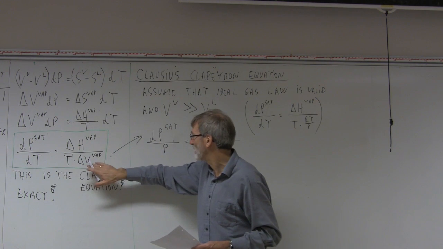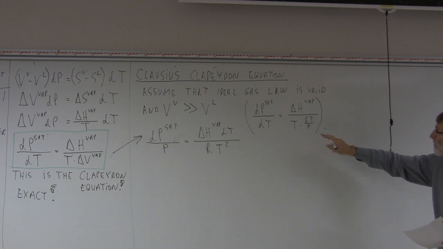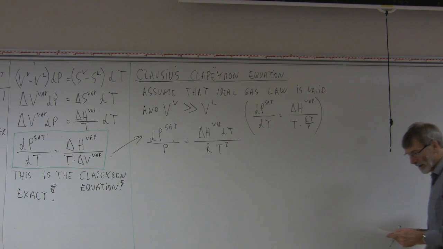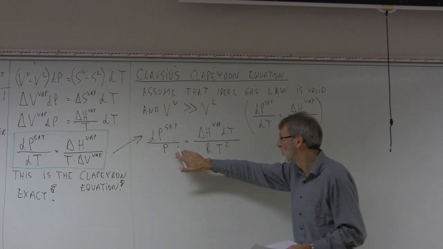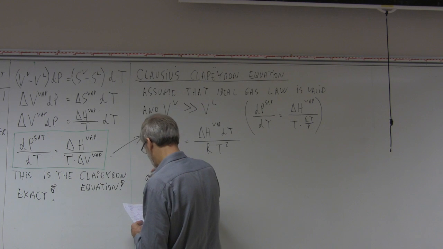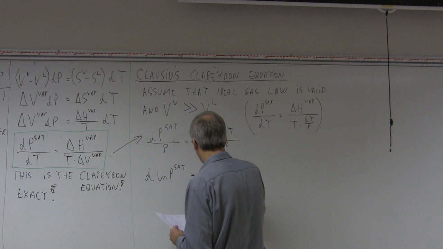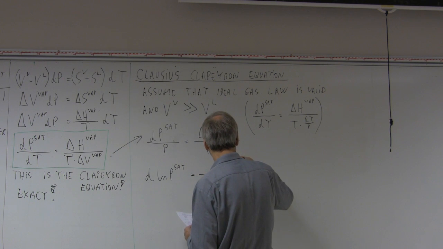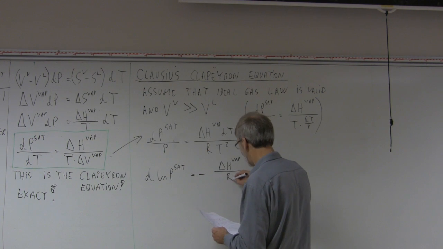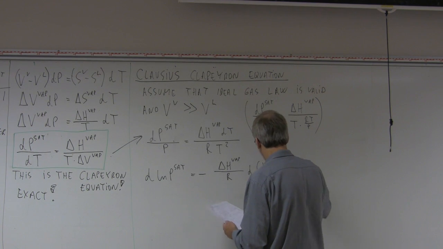If we take that one and insert the volume of vaporization, and then we turn that into that expression, and then we just change that one slightly to d ln P saturation equals minus delta H of vaporization over R d(1 over T).